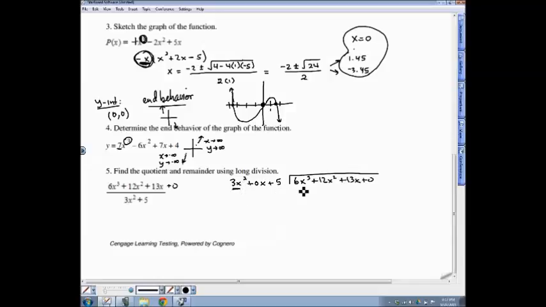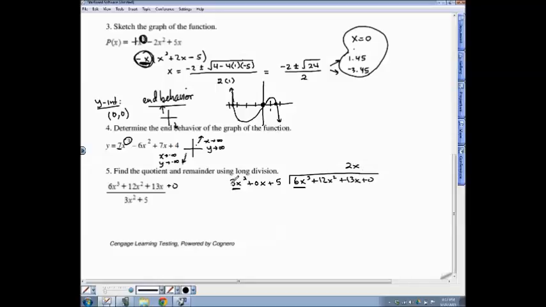Okay. Now to consider first term and first term. 3x squared divided into 6x cubed. Well, 3 goes into 6 twice. Okay. And x squared into x cubed gives you an extra x left over.